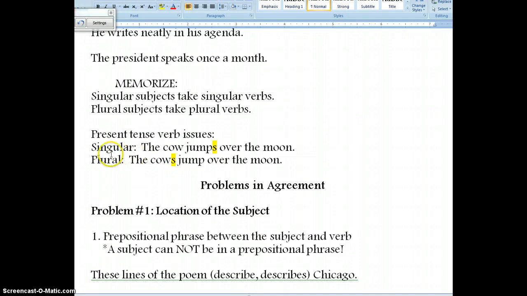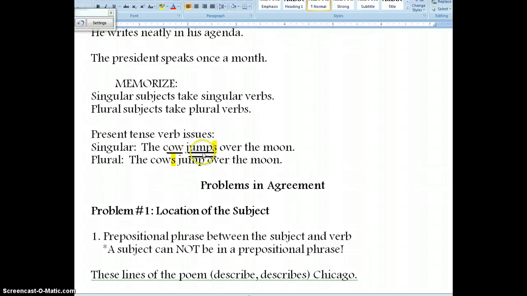In this one, this is an example of a singular subject and a singular verb. Look at it. The cow, singular, jumps, and that's what we've been doing, over the moon. We've been doing that with our verb tenses. This should not be confusing to you that cow is singular and jumps with an S on it, yes, is singular.